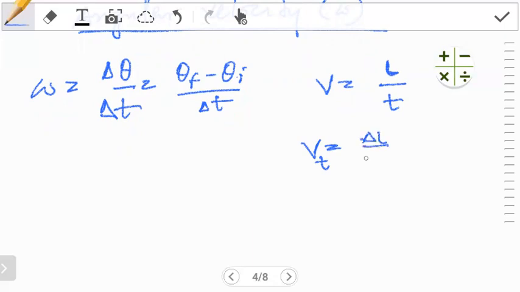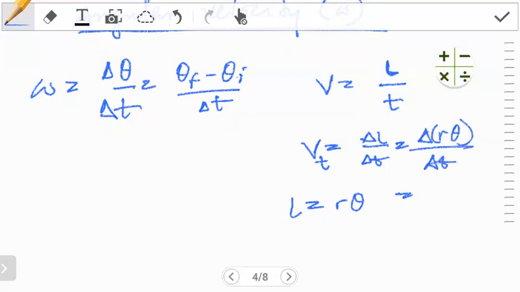But in terms of displacement, we saw earlier that the displacement in terms of length, L, is just given as L = r theta. If we substitute this there, this becomes the change in r theta over the change in t. The radius is a constant, so we can factor it out. This becomes the change in theta over the change in time.